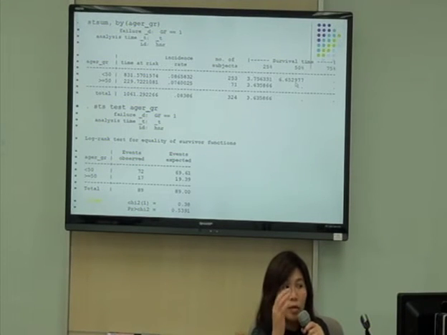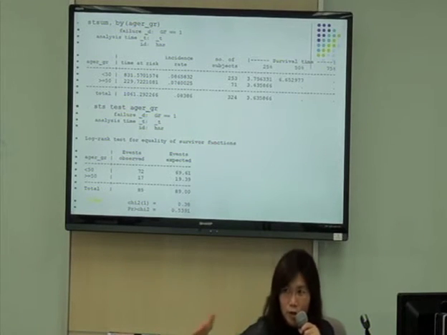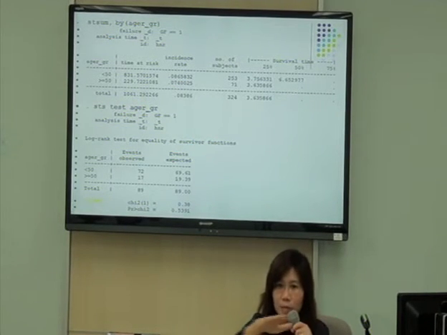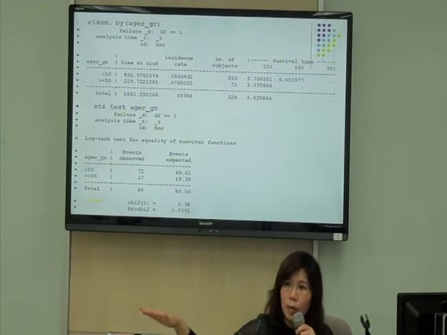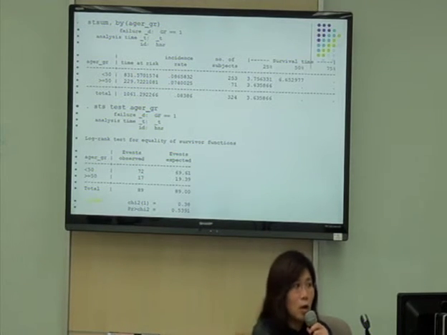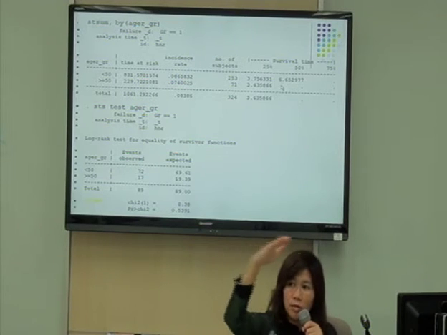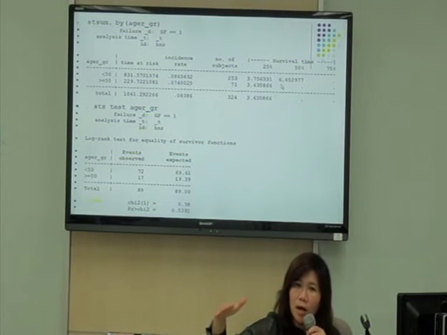So in this format, you get the median time if your data have reached or touched the 50% line of survival probability. You see that only the younger group has the median time here, but the group older than 50 does not. It means that the survival curve did not reach the 50% survival probability.